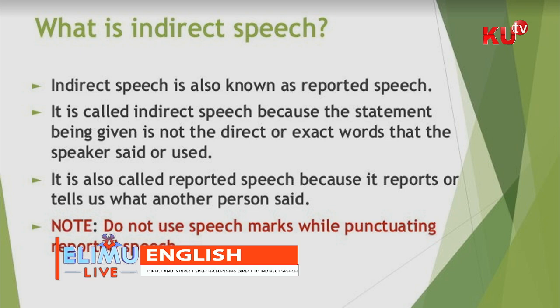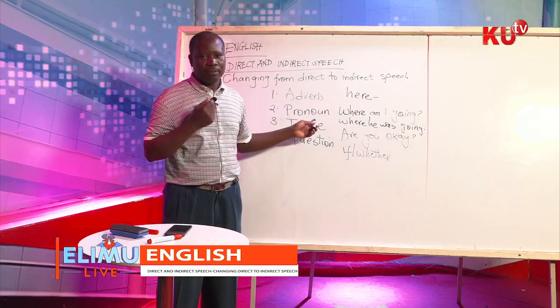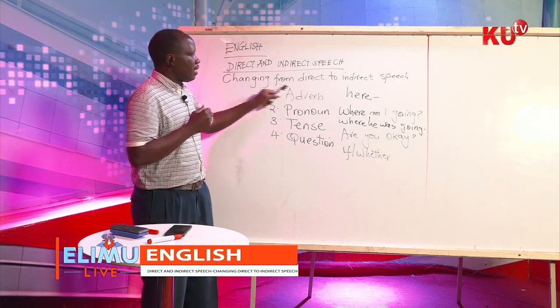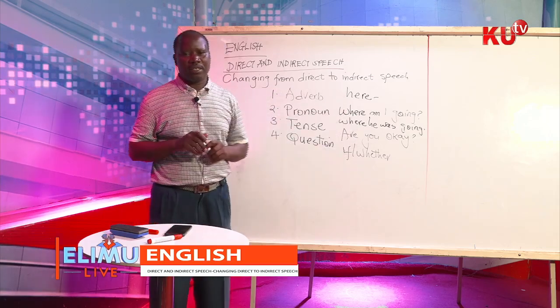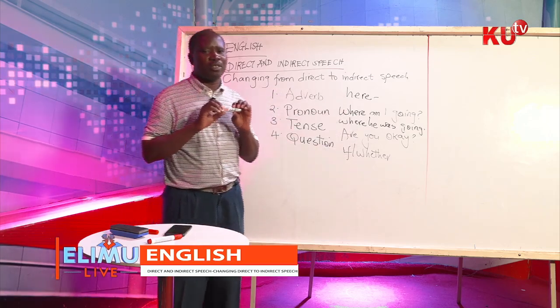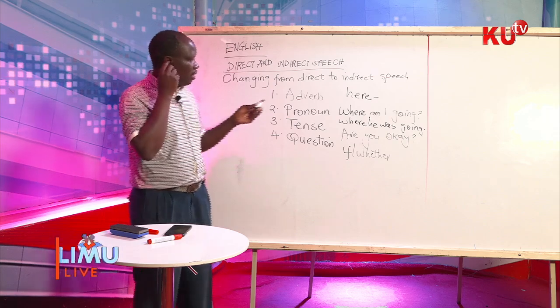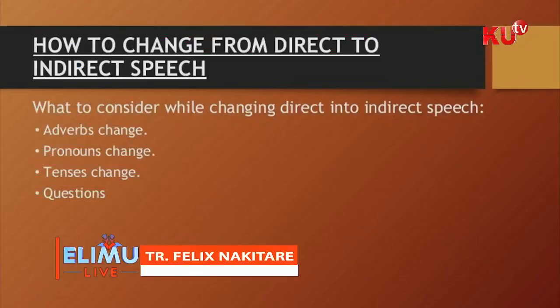Having defined those two terms, we looked at what to consider while changing from direct to indirect speech. 4 main points to consider. The first one, we have to take into consideration the adverb that we use. Make sure you change the adverb.